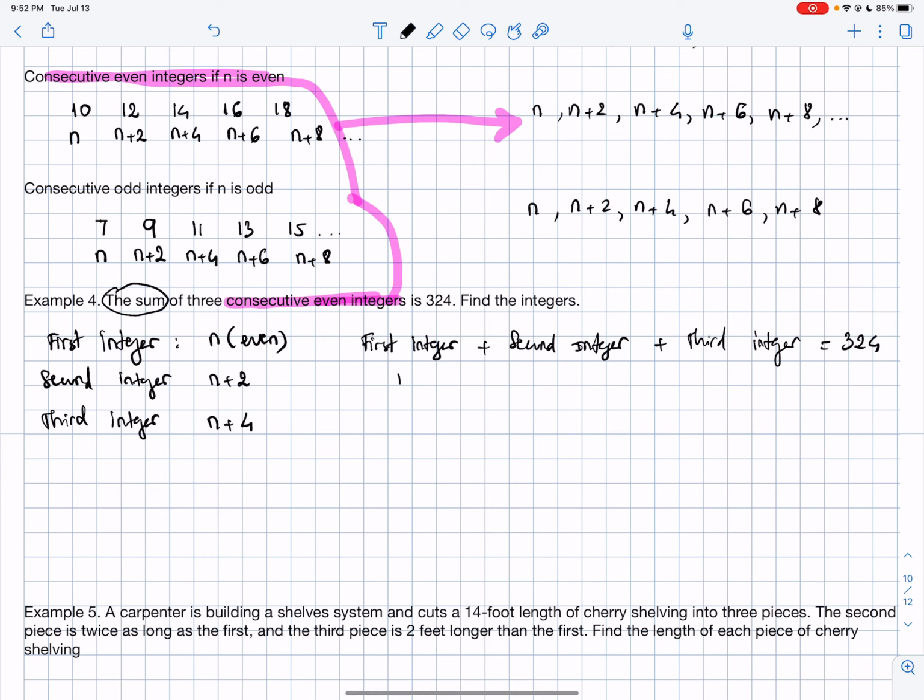Then the first integer is n, the second is n plus 2, and the third one is n plus 4. Then we combine n, so we have 1n, 1n, 1n, so that will give us 3n, plus 6 equals 324. We will subtract 6 from both sides.